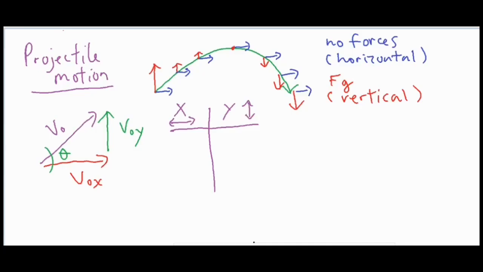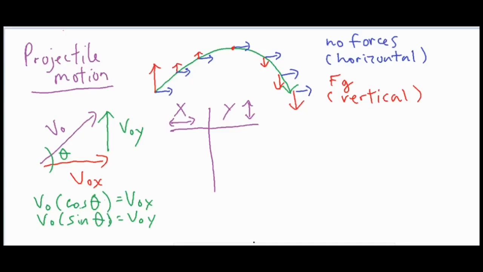in the vertical direction. Now, the first thing you're going to want to do is, if you have that initial velocity, do a little bit of trig. You're going to do v naught times cosine of the angle to equal your v naught x, and then you're going to want to do v naught, the initial velocity, times the sine of the angle to get your v naught y.